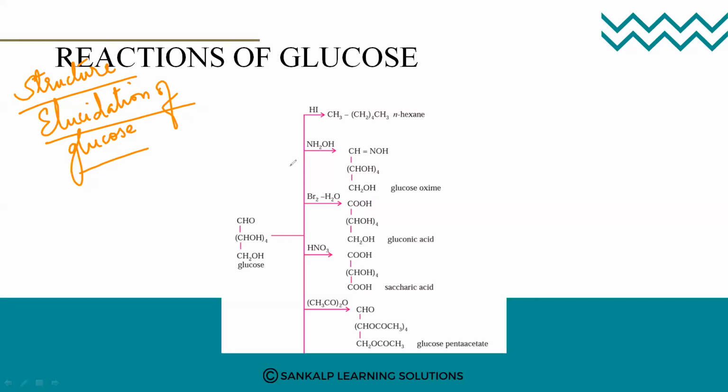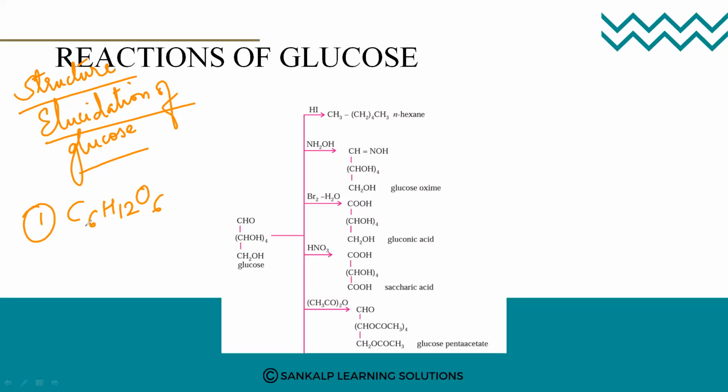From elemental analysis, the first point, and from the molecular mass. When you determine the molecular mass, the molecular formula of glucose is C6H12O6. How do you obtain this formula?